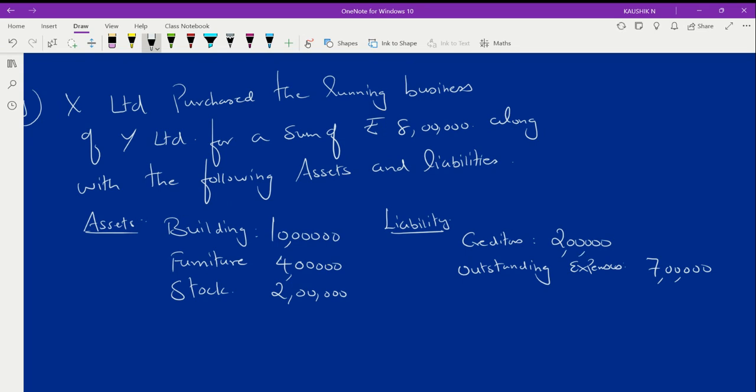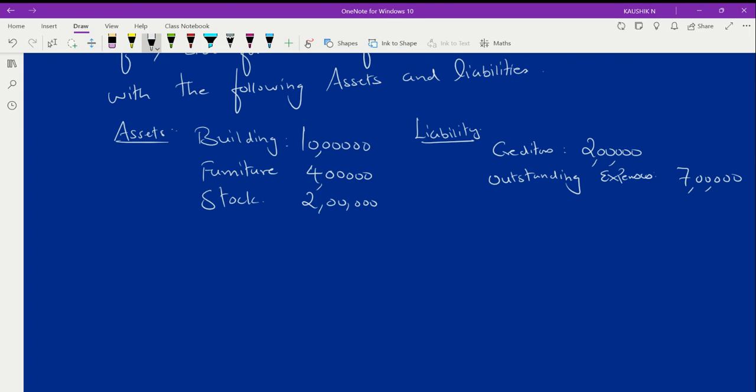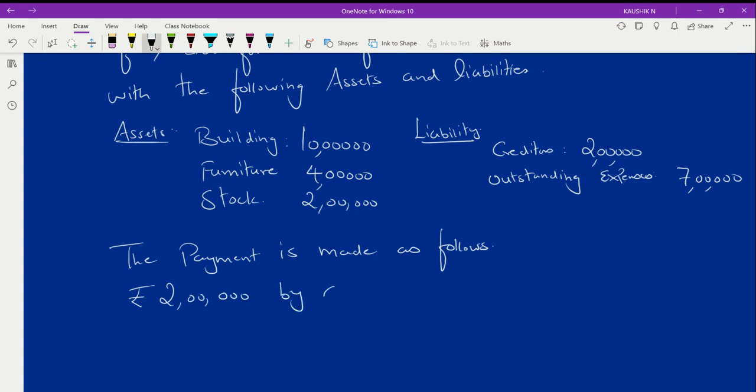Now these are the information they said, and then they are giving you the payment, how it has been settled. The payment is made as follows: rupees 2 lakhs by cash.